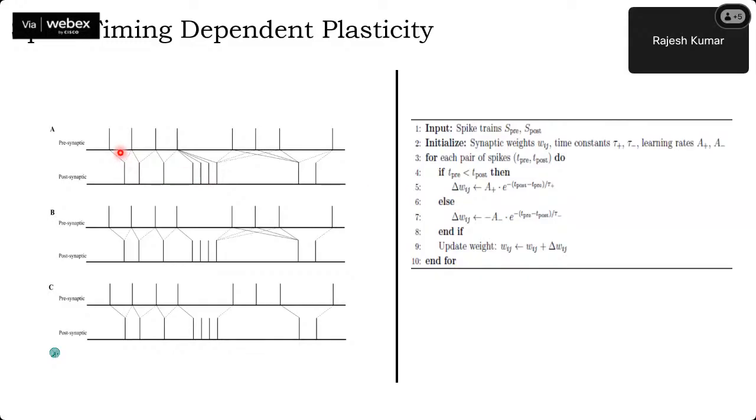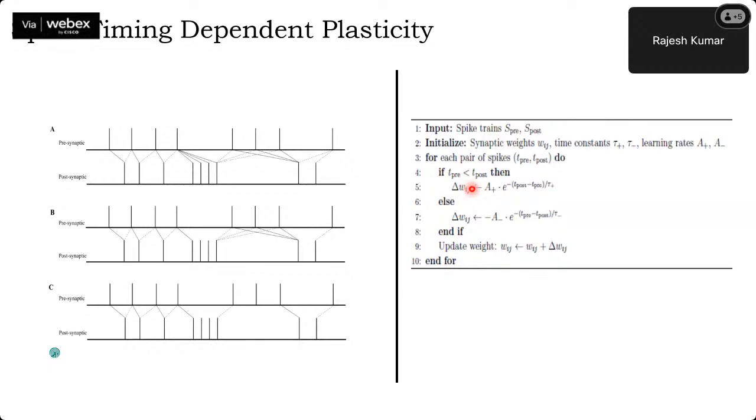So we know what my pre-synaptic spiky train is, what my post-synaptic spiky train is, and then from there we find this delta T. Tau is the time constant, and A is a learning rate, and based upon that we find the learning factor and update our weights.